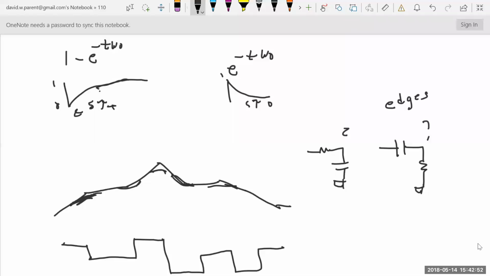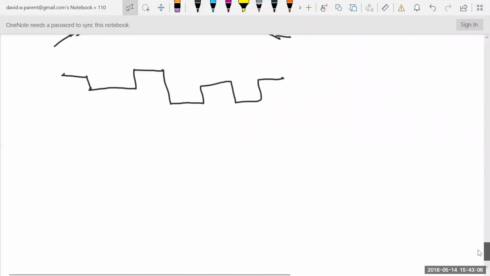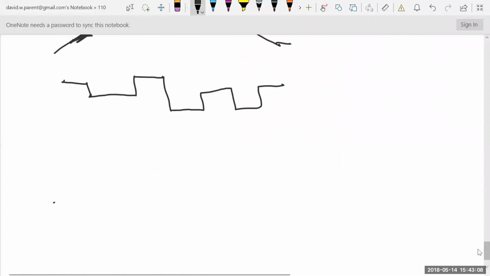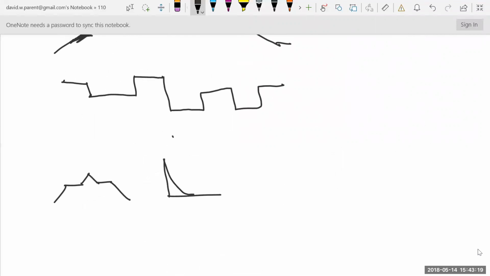Edges, sharpens, blurs, right? But what if I had this is h(t), e to the minus t, right?